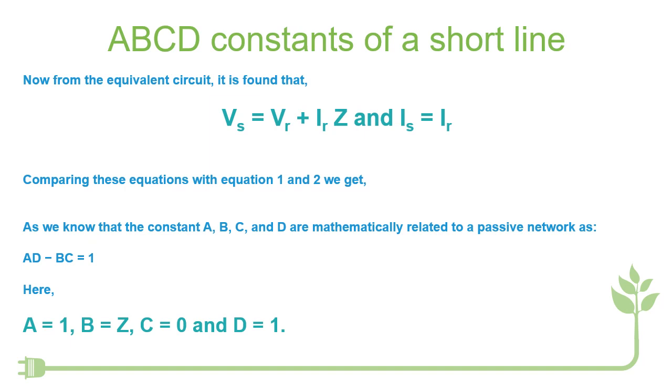As we know, the constants A, B, C, D are mathematically related to a passive network. Therefore, AD minus BC is equal to 1. So, as I mentioned earlier, A will be 1, B is equal to Z, C is equal to 0, and D is equal to 1.